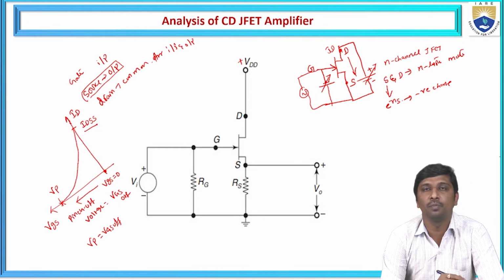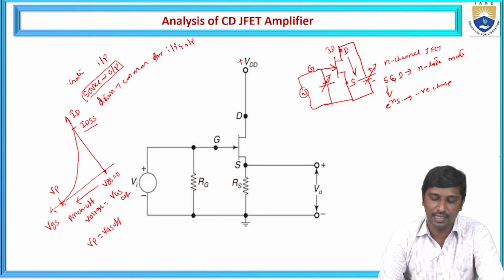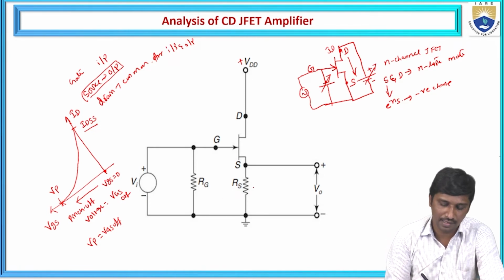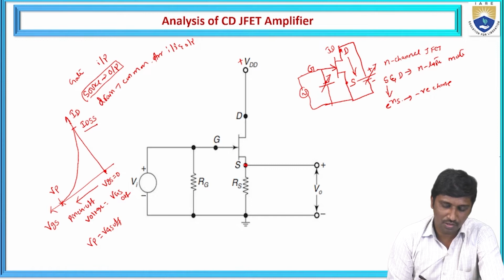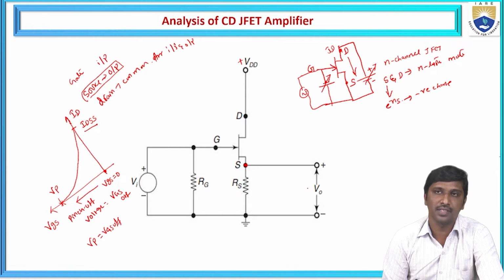Hence, the external load resistor should be connected across the source. At this point, the load resistance is connected across the source and the output is measured across this load.